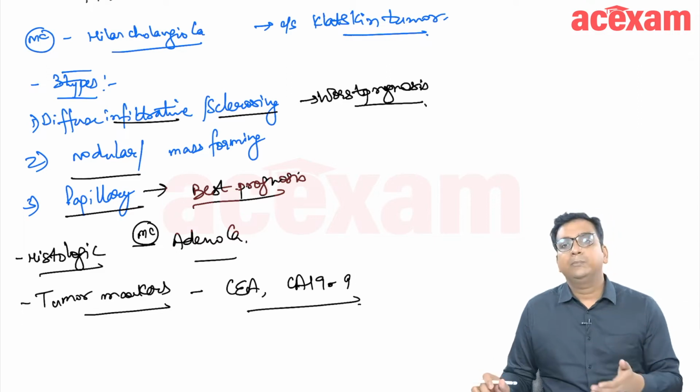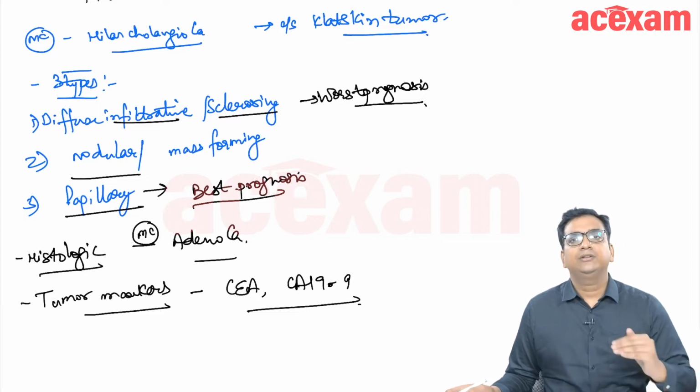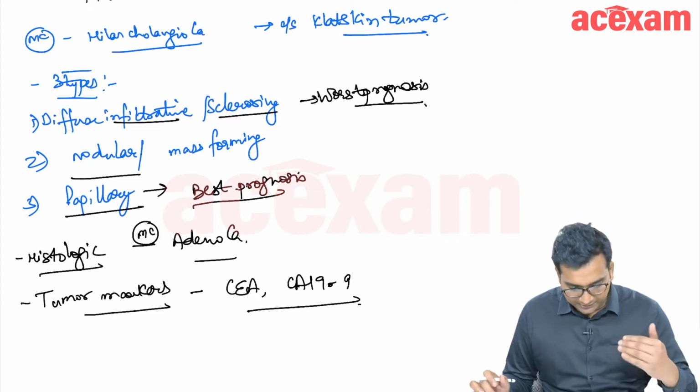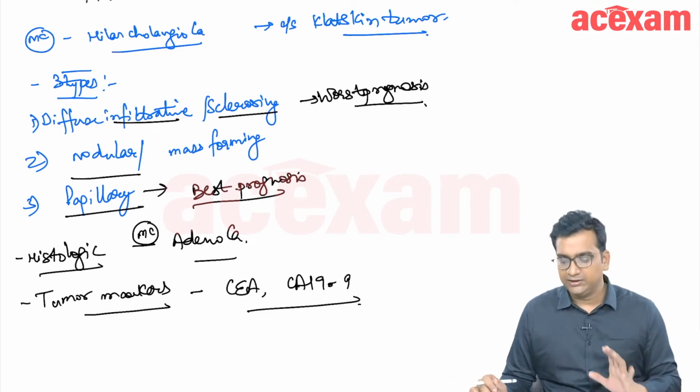Now, the patient generally presents with painless progressive jaundice, weight loss, anorexia, and pruritus, and sometimes clay colored stool. Okay, so this is the general presentation.